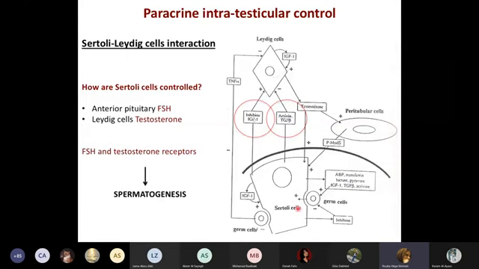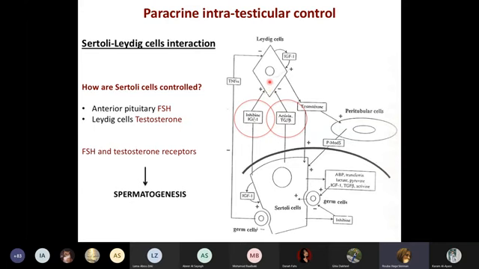But here it's the opposite way. You can see activin is inhibiting Leydig cells, however inhibin is positively stimulating the Leydig cells. Stimulating them for what? It is stimulating them to synthesize more testosterone, or inhibiting them from synthesizing less testosterone. So it's like a control way between Sertoli cells and Leydig cells.